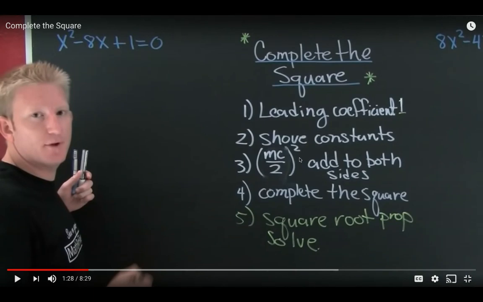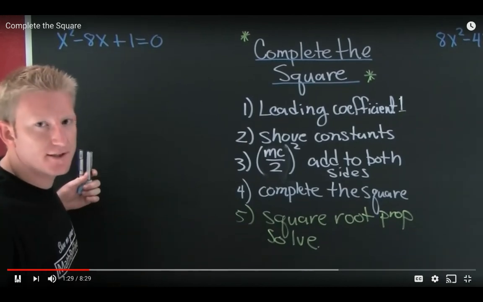Once you make sure that's the case, then you shove the constant. So he's going to take this positive 1 and shove it to the other side. Then he's going to take the middle term, divide it by 2 and square it, add that to both sides. That will complete a square. Then he can use a square root property. So let's watch him do some of those things.